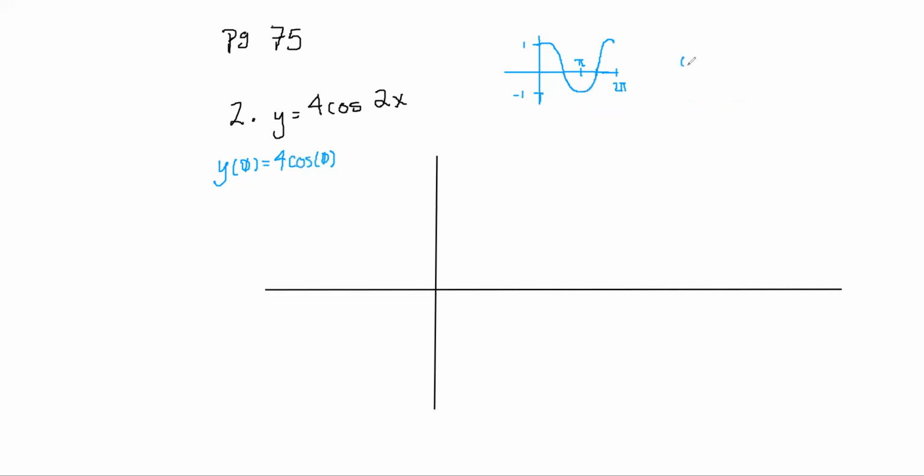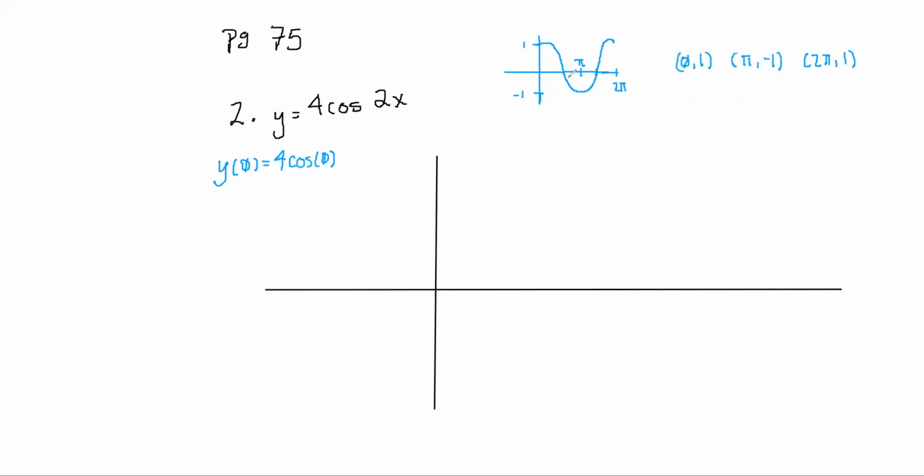At 0, the point on the standard cosine graph is going to be 0, 1. We also know that the point at x equal to pi has y equal to -1, and the point at x equal to 2 pi is equal to 1.